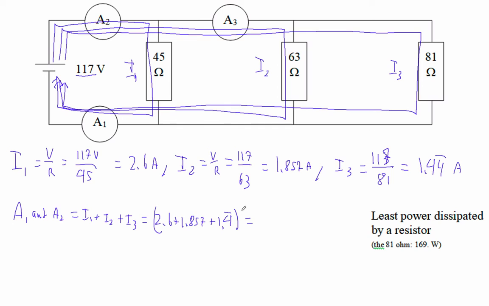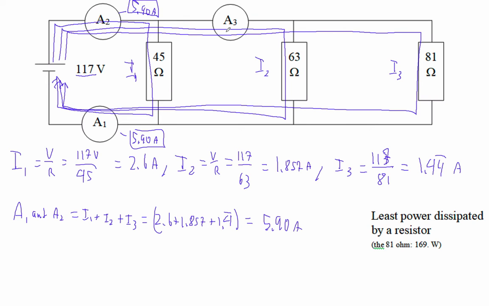What is that? Let's add them all up. 5.90 amps. So this guy reads 5.9. This guy reads 5.90 amps.